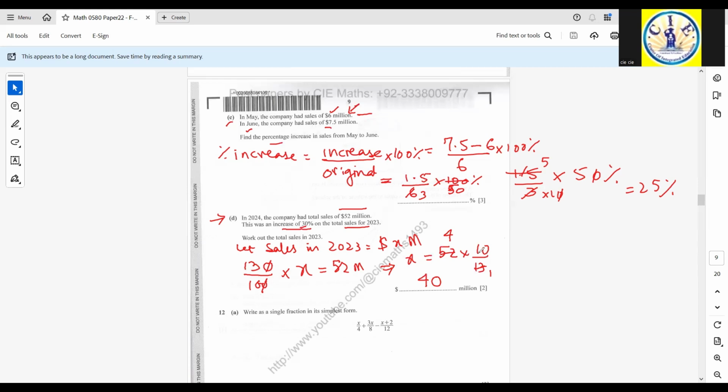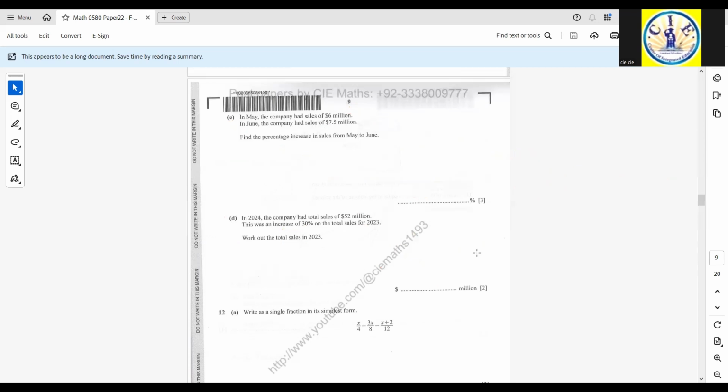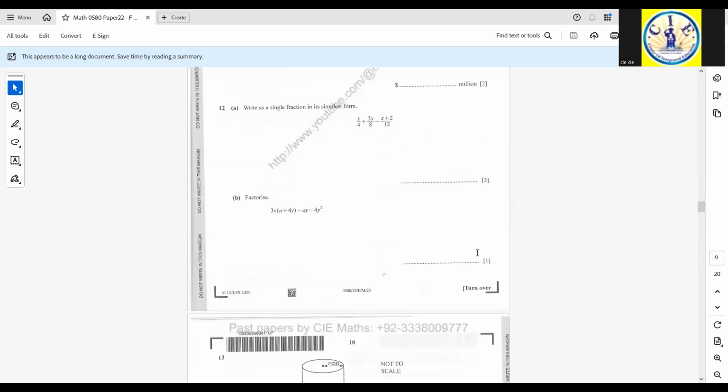Question number 11, part D. Question number 12, part A. Write as a single fraction in its simplest form.